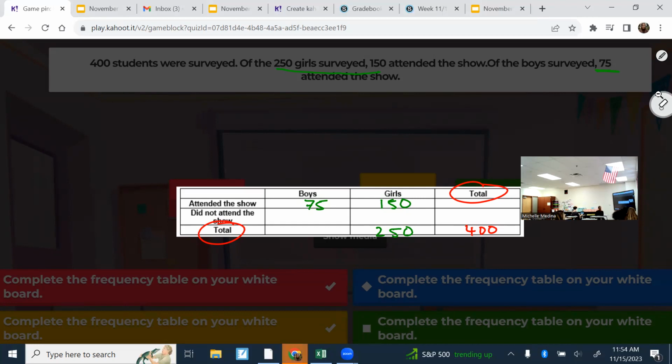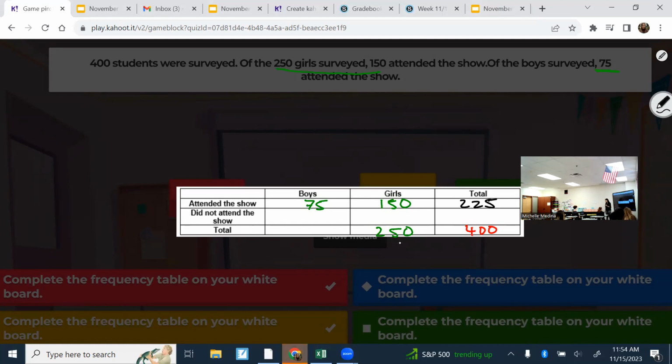Now the rest we have to figure out, but you can do that with your critical thinking skills. It's like a puzzle. You need to know that the rows add up to the row total, the columns add up to the column total. So what can I add in based on what I have currently on my table? The total that attended the show, because then I just need to add 75 plus 150. Okay, so that's what we'll put here.